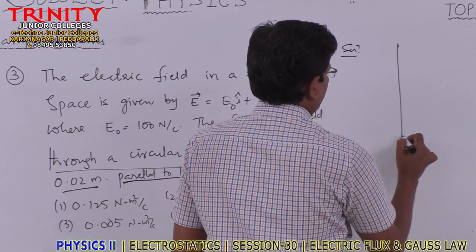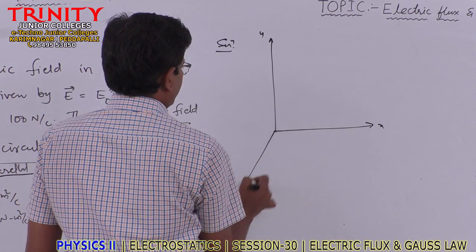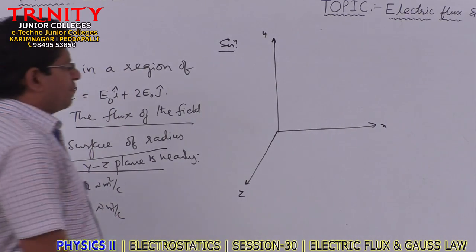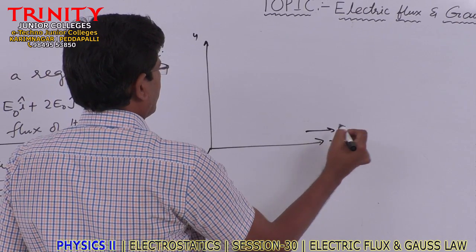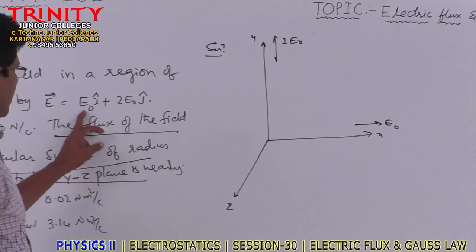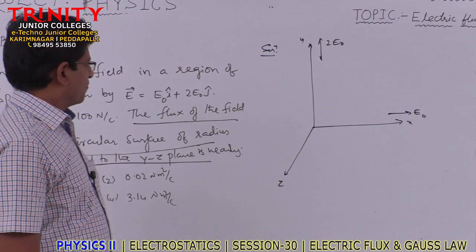Now, let us imagine this one. This is the x axis, this is the y axis, and this is the z axis. The electric field along this is E naught, the magnitude, and along this one is 2 E naught. E naught is along the x direction, 2 E naught along the y direction.